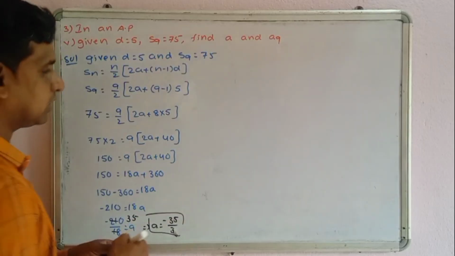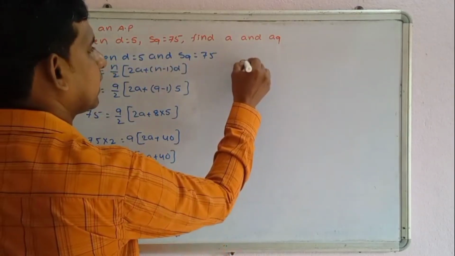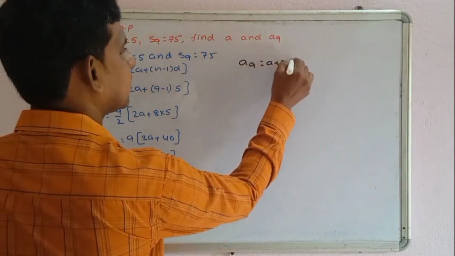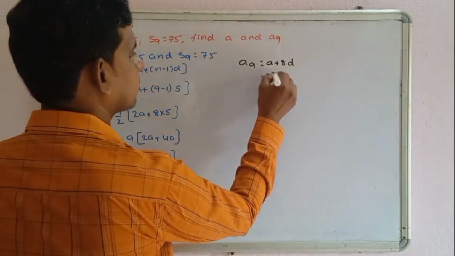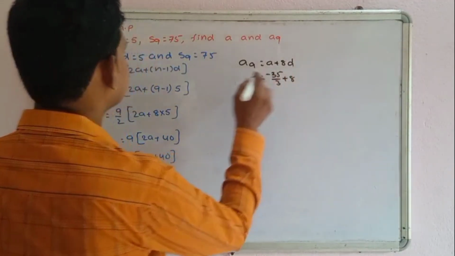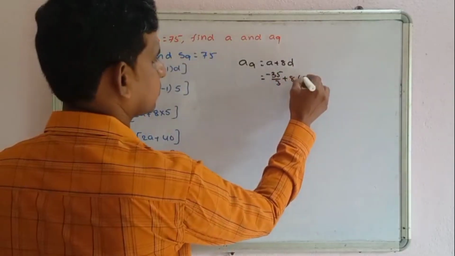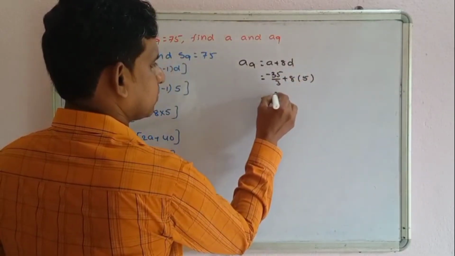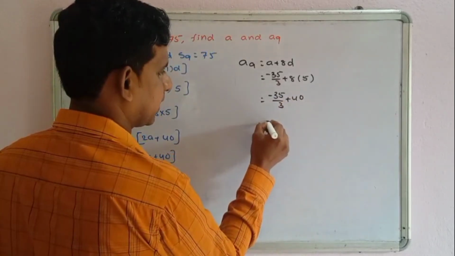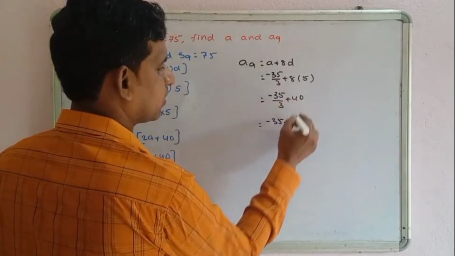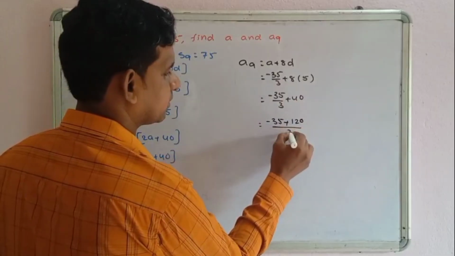What is the formula for a9? a9 equals a plus 8d. So here the a value is minus 35 by 3 plus 8 times d value 5. So minus 35 by 3 plus 8 times 5 is 40. So minus 35 plus 120 is 85 by 3.